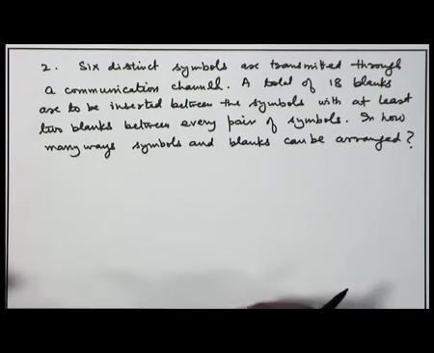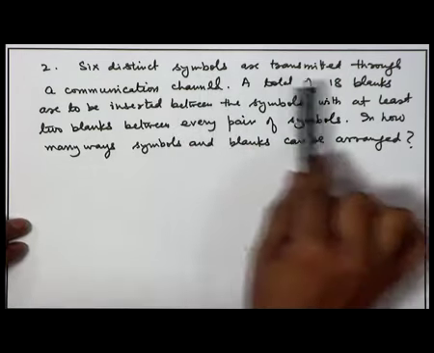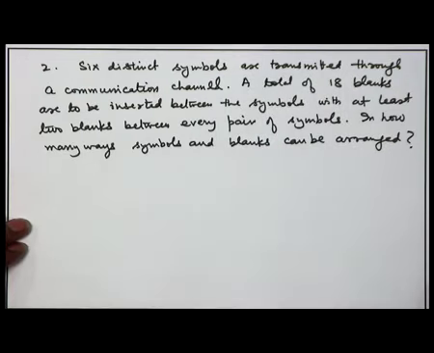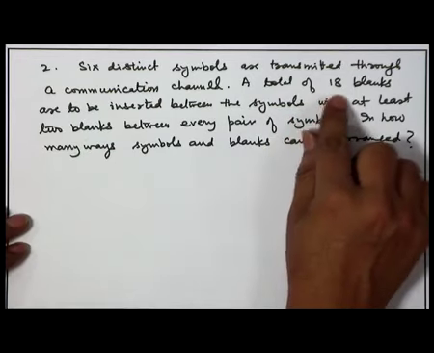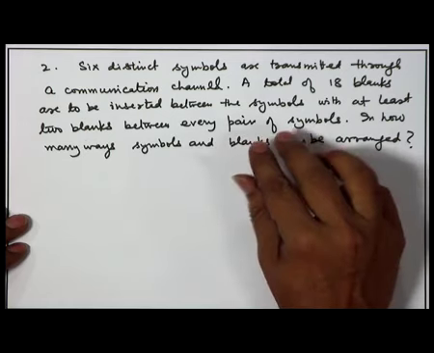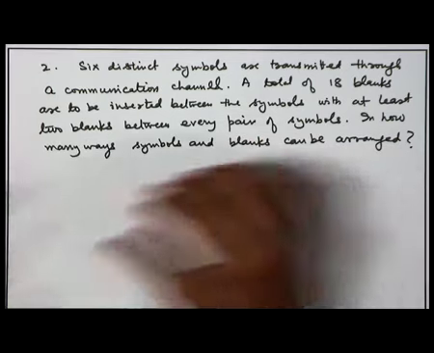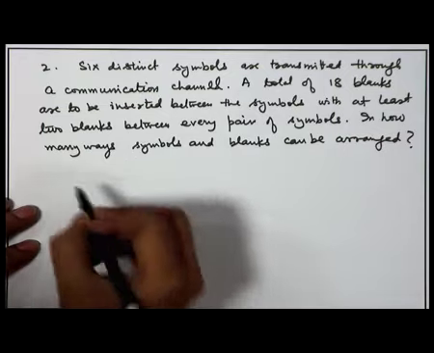Let me just repeat the problem again. There are 6 different symbols which have to be transmitted through a communication channel. Now, in between the symbols we have to insert 18 blanks, such that between every pair of symbols at least 2 blanks are there. Then in how many ways can this arrangement be done?